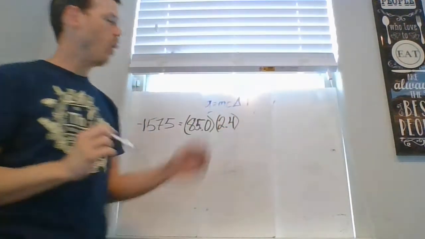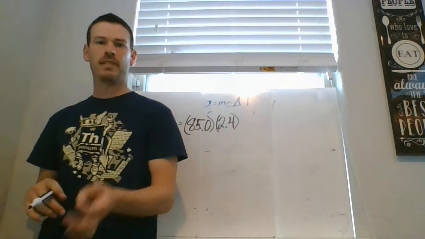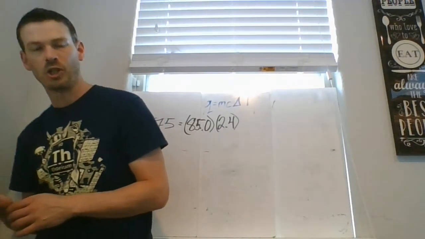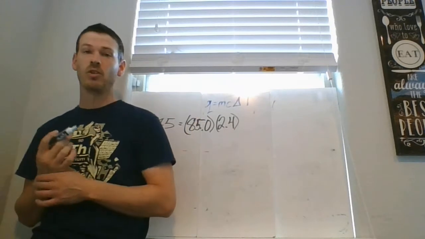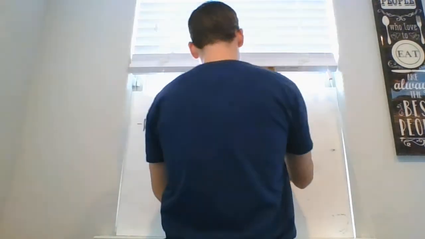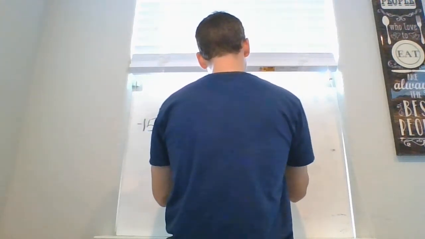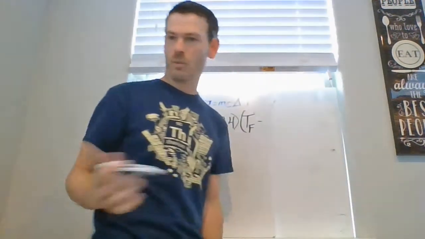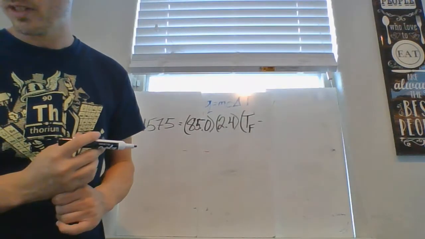Then all we need is our change of temperature. It specifically already asked us for the final temperature, so what I'm missing is the final temperature minus the initial. It says the initial temperature is 23.5 degrees Celsius.